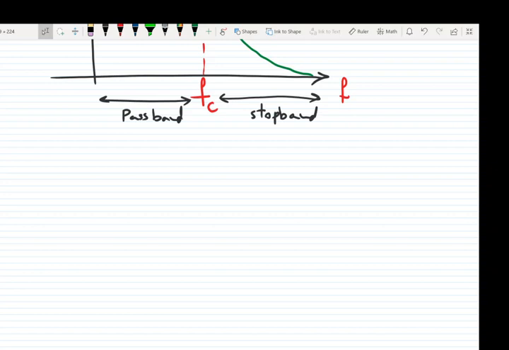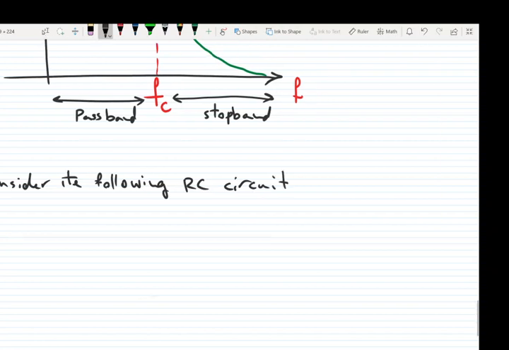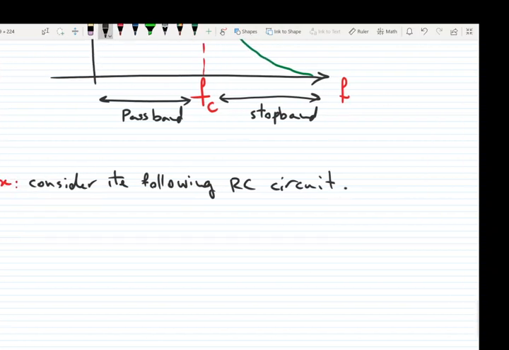Now that we have learned about different types of filters, let's try to design some filters. We start with passive filters. Example: consider the following RC circuit. An RC circuit means a circuit that contains a resistor and a capacitor.